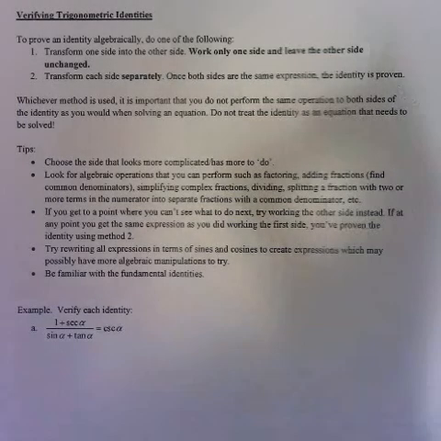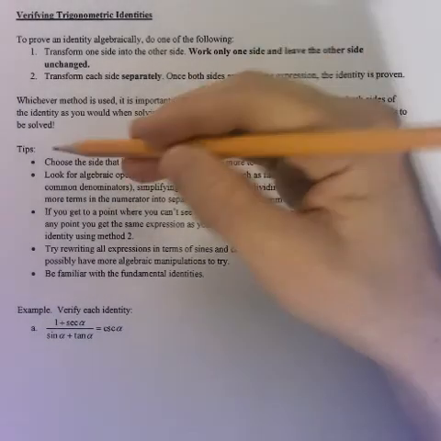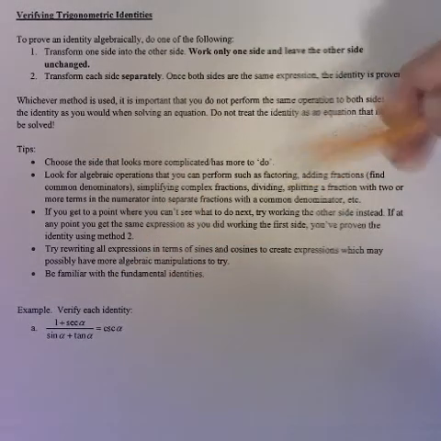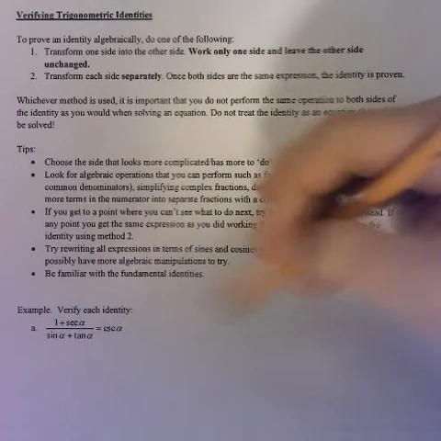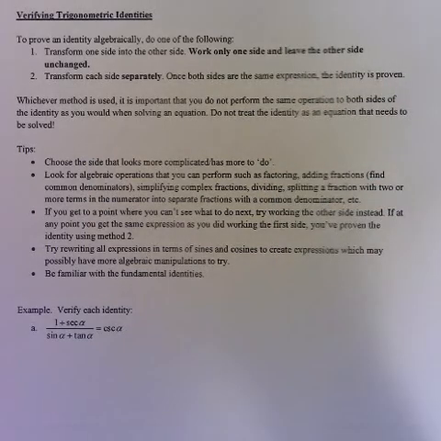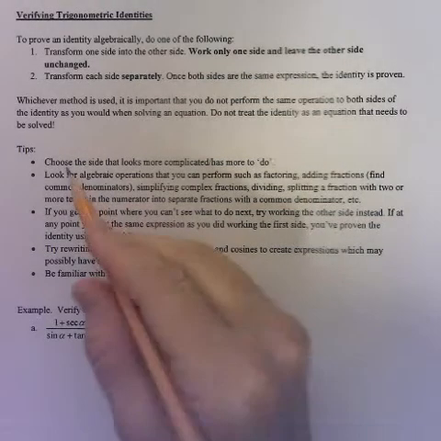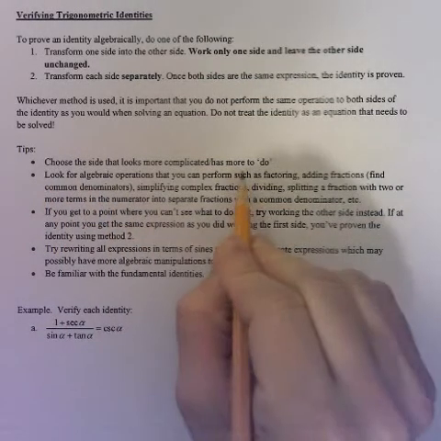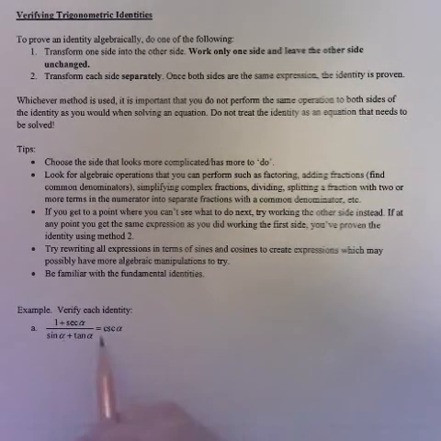And I have some tips here of things to look for, because it's easy to get stuck on these, especially when you're first starting out. The more you practice, the more you'll get the hang of this. So my first tip here is to choose a side that looks like there's more to do. On example A here, this side obviously has more involved than just cosecant alpha.